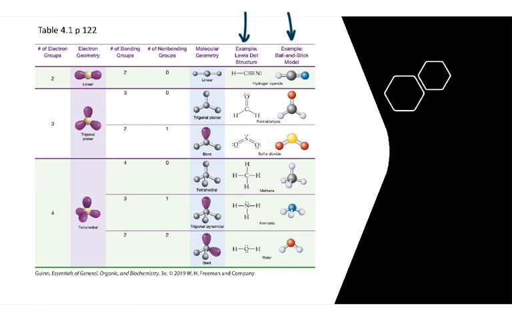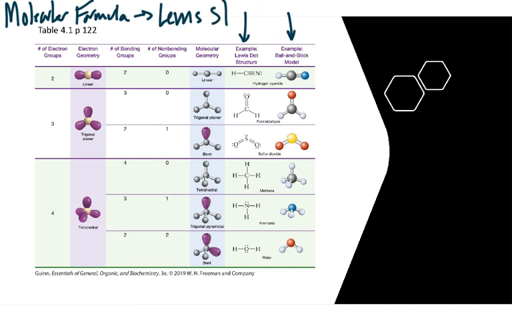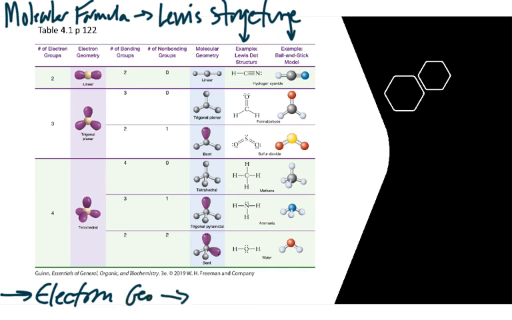The sequence, once again, is molecular formula gives us Lewis structures. From Lewis structure, we can get electron geometry. And from electron geometry, we can get shape, also known as molecular geometry.